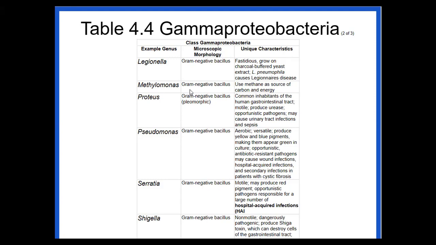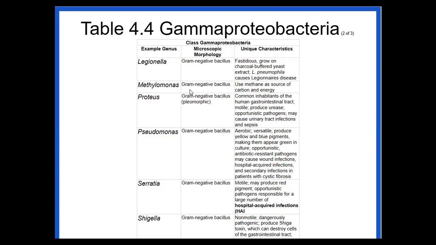Also secondary infections in patients with cystic fibrosis. Serratia is motile. It may produce red pigment. It is an opportunistic pathogen responsible for a large number of hospital-acquired infections.